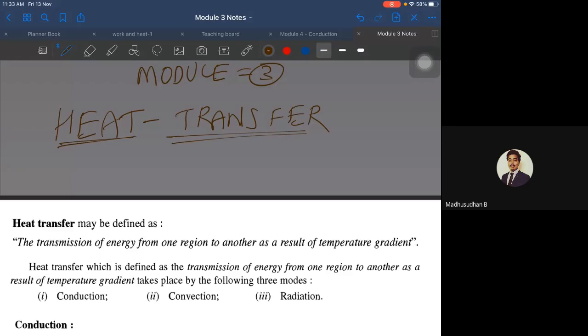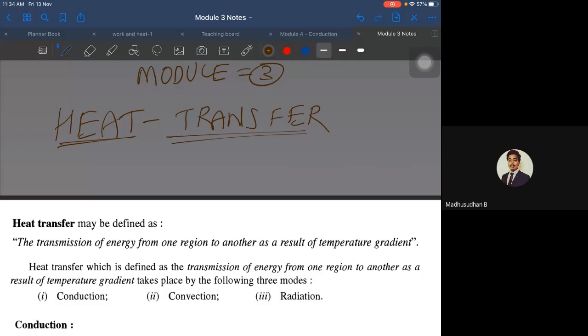From now on, the syllabus is a little bit easier because we have removed the convection part. I do not want to just burden you, so let us make it simple. Heat transfer for module number 3, conduction for module number 4, radiation for module number 5.